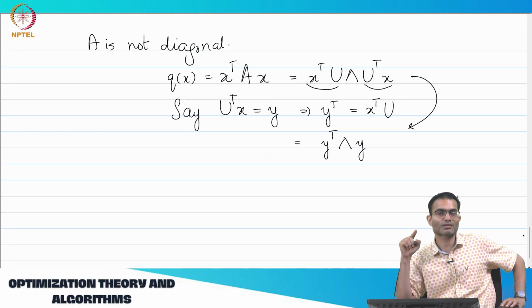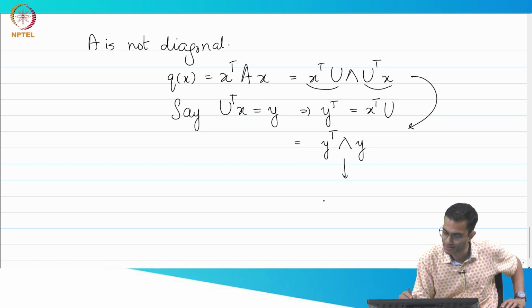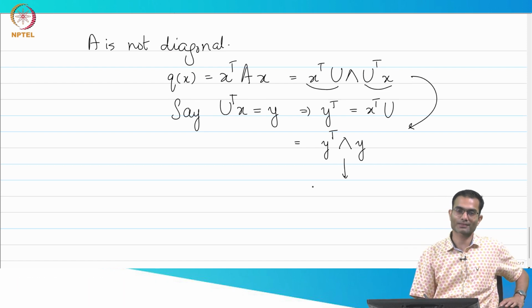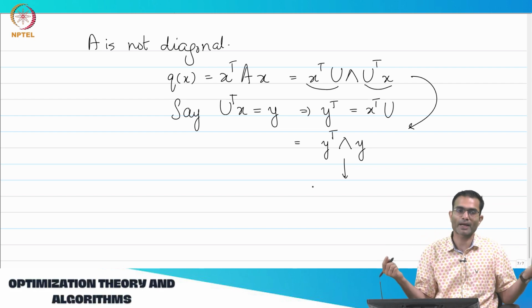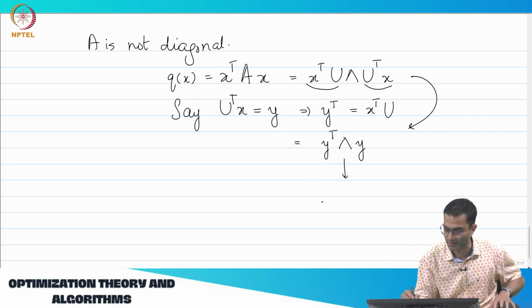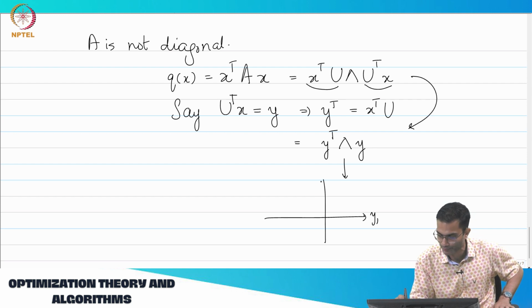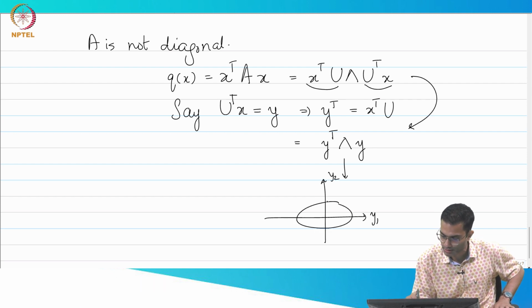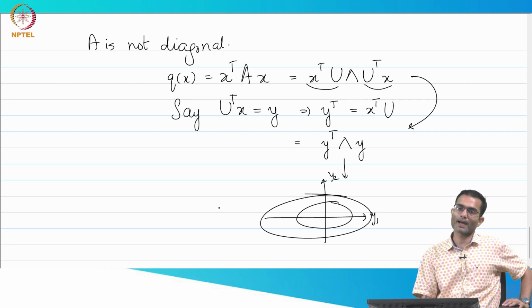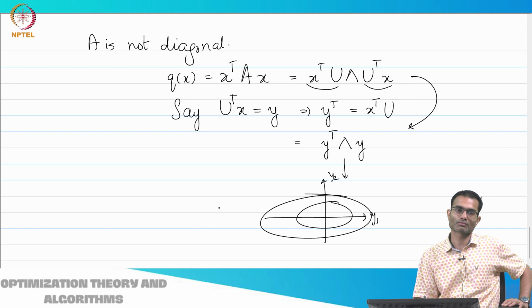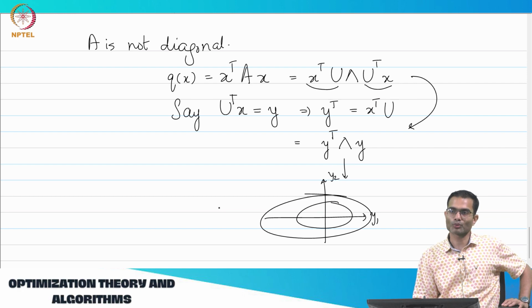So how will this look in the y-axis space? If y1, y2, y3 are my coordinate axes, it's an n-dimensional ellipsoid in the y space. So if this is my y1, y2, it's a regular ellipsoid over here. How does it look back in the x space? To get the answer to that, what is my key?